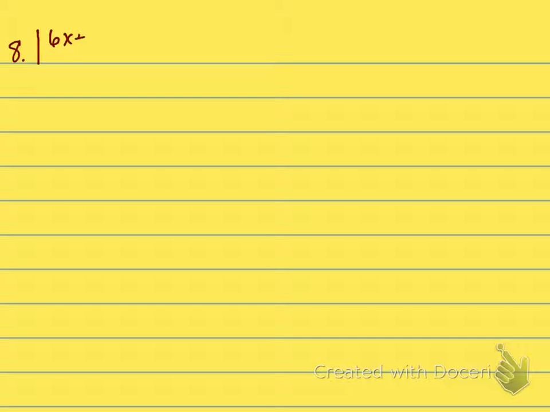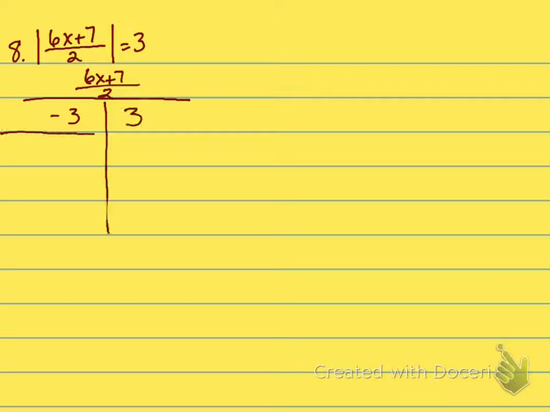Number 8. This is one of the advanced questions for the regular students. We've got the absolute value of 6x plus 7 divided by 2 is equal to 3. We'll set up our t-chart for one side being equal to negative 3, one side equal to positive 3.